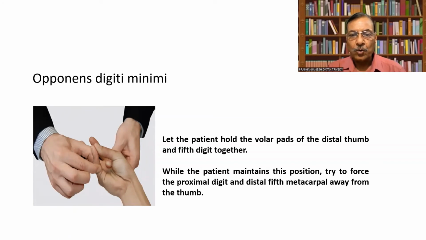Let the patient hold the volar pads of the distal thumb and the fifth finger like this. While the patient maintains this position, try to force the proximal digit and distal fifth metacarpal away from the thumb.